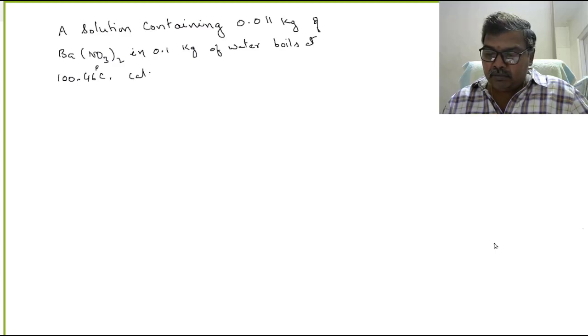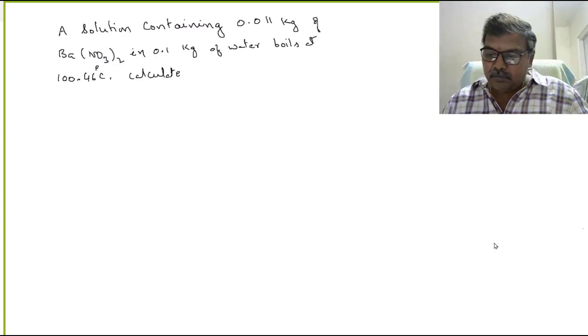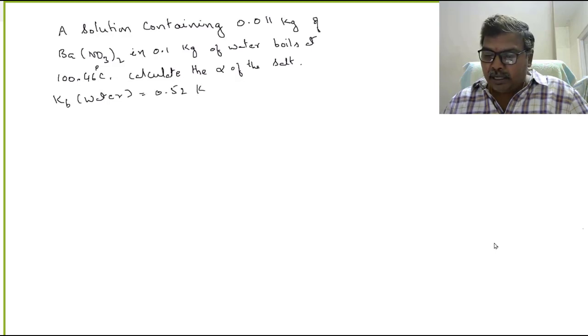Calculate the degree of ionization of the salt. Kb of water is given as 0.52 Kelvin kg per mole.